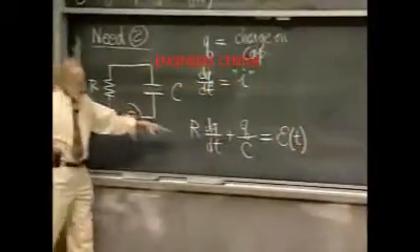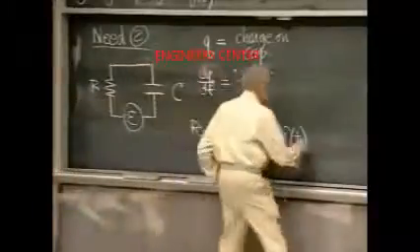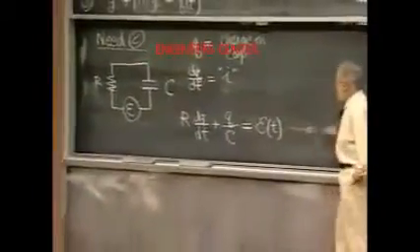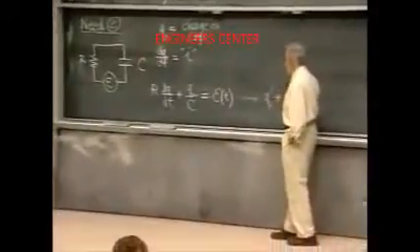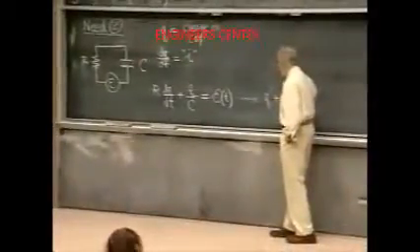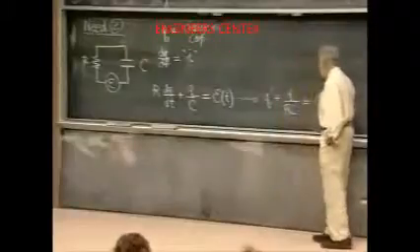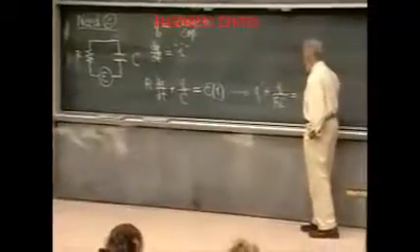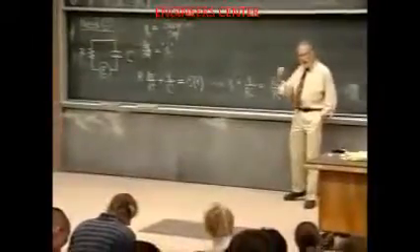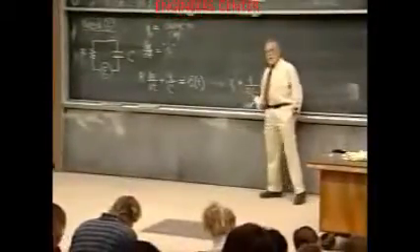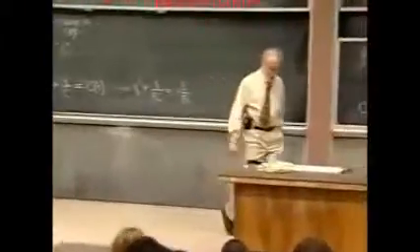Now, if I put that in standard form, I probably should say Q prime plus Q over RC equals, well, I suppose E over R. But this is what would appear in the equation, but it's not the natural thing. The K is 1 over RC, and that's the reciprocal.